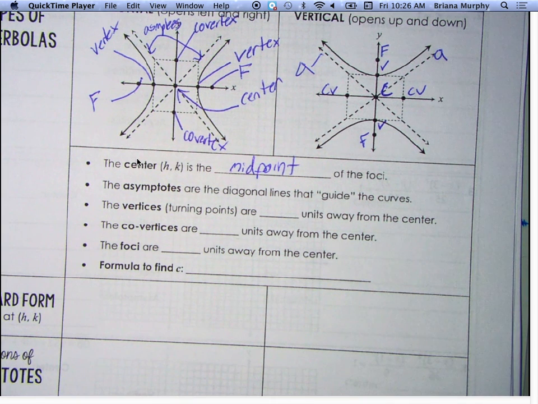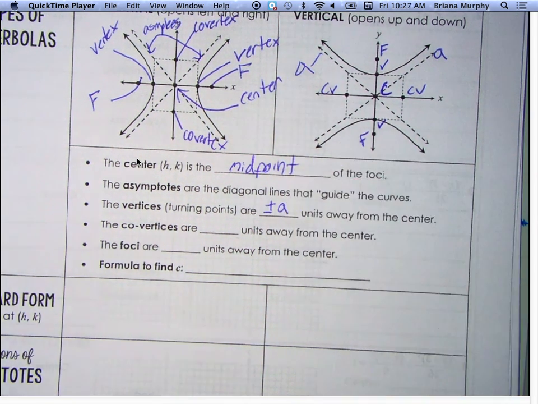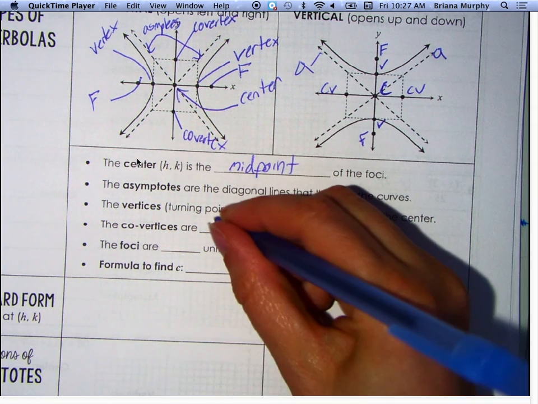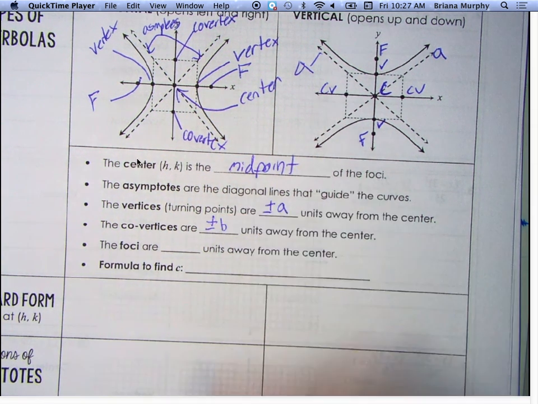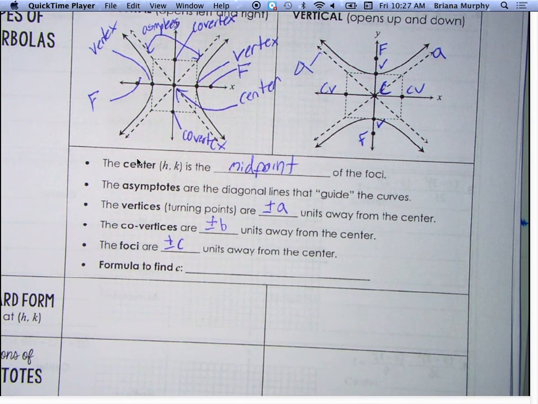The bottom of my bowl is plus or minus a units away from the center. The co-vertices are plus or minus b units away from the center. And the focus points are plus or minus c from the center. The formula to find c for this is a little different than what we did before.